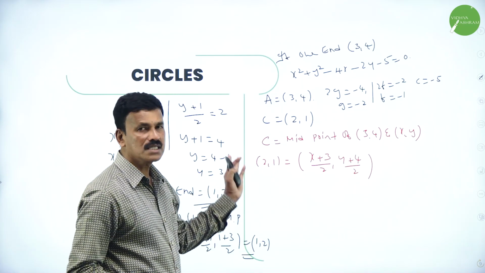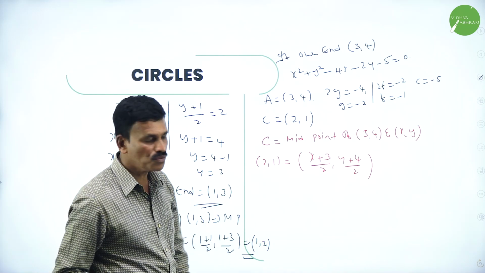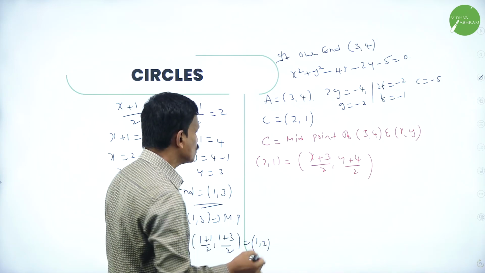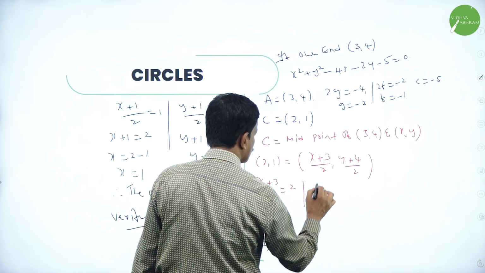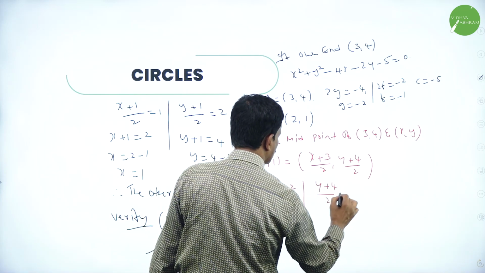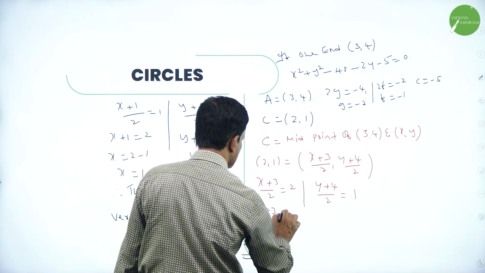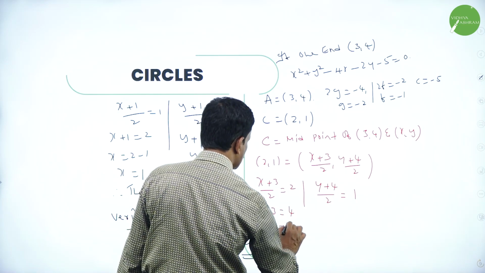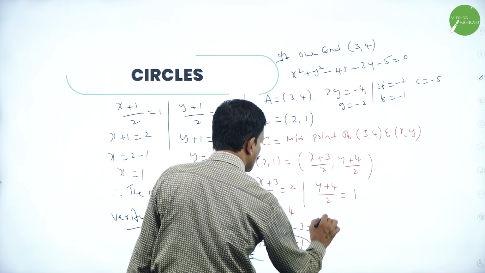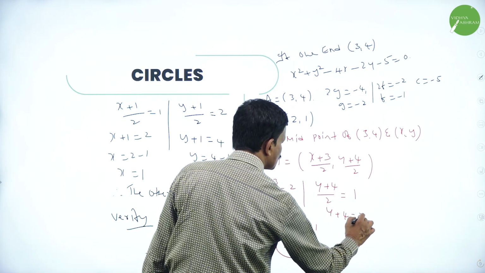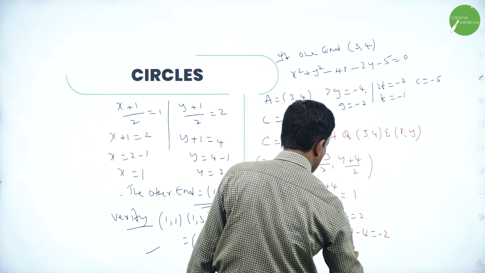So the center is the midpoint of the two ends, that is A (x1, y1) and B (x2, y2). Just equate it. (x plus 3) divided by 2 is equal to 2 and (y plus 4) divided by 2 is equal to 1. Cross multiply. x plus 3 is equal to 4, x is equal to 4 minus 3, that's equal to 1. Here y plus 4 is equal to 2, y is equal to 2 minus 4, that is minus 2.